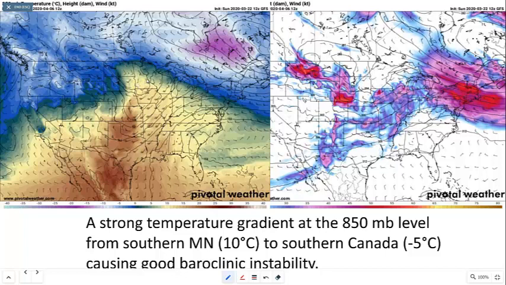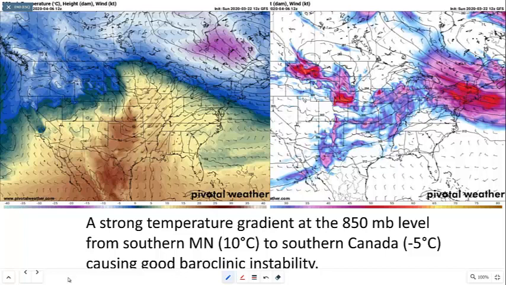So we do have a very strong temperature gradient in that distance, approximately 350 miles in the north-south direction. Over on the right hand side is the 850 millibar map showing you the isoheights and also the isotherms for that region.